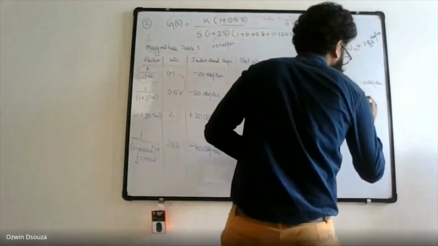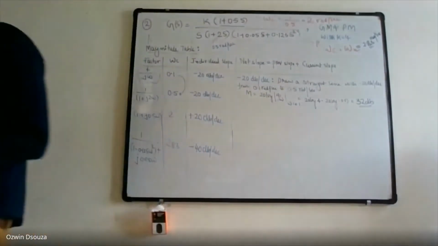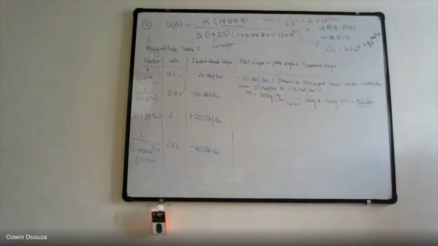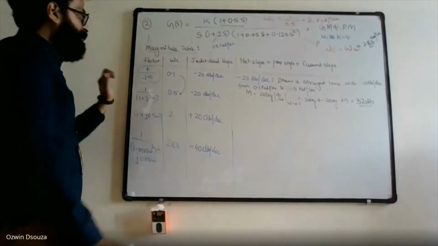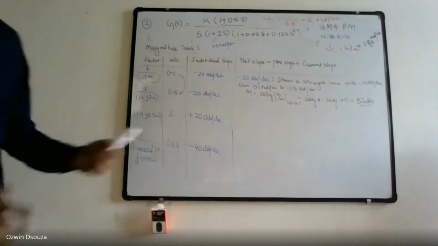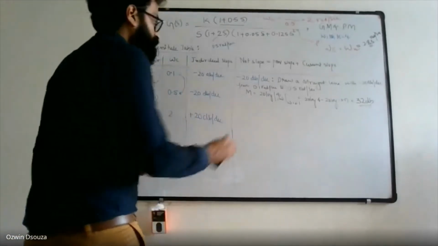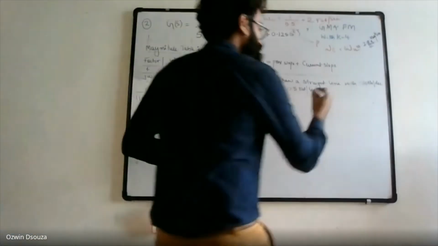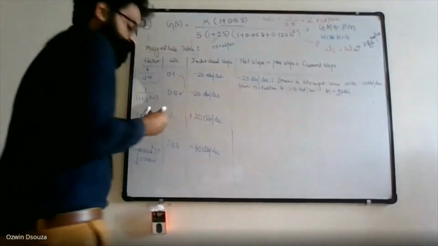So your magnitude plot starts from 32 decibels with a straight line of minus 20 decibels per decade, drawn from 0.1 and it will end at 0.5. So that's your first factor. I will erase this and just write M is equal to 32 decibels.